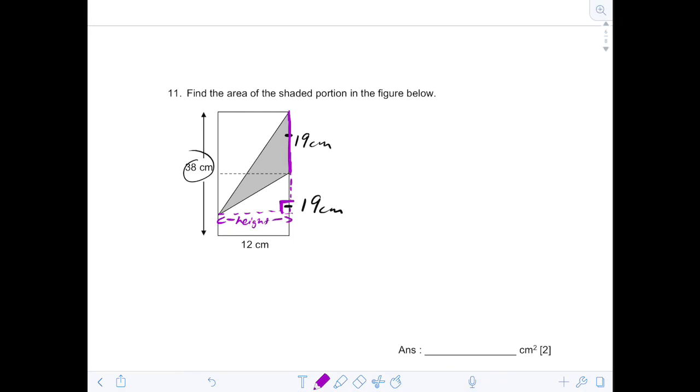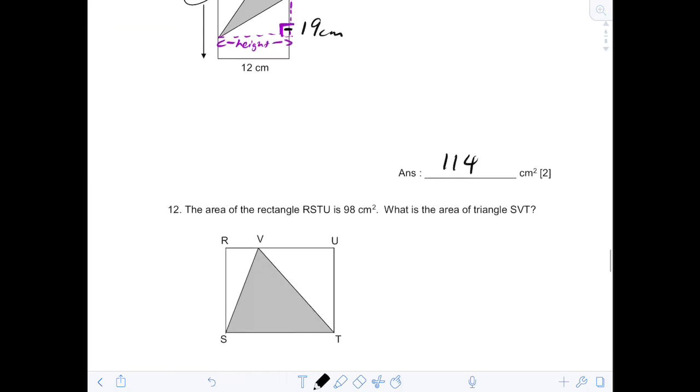If you turn your paper, it will be easy to see. So from here, just use the formula, half times base, which is 19 cm, times the height, which is 12 cm. You will get 114 square cm. So it's not as hard as it looks. All you need to do is find that right angle, the perpendicular two lines.